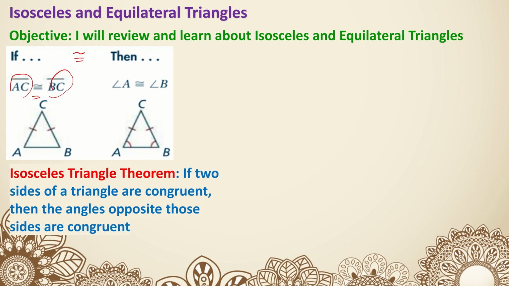So if AC and BC are congruent, then the angles opposite those sides are congruent. Opposite of AC is angle B, opposite of BC is angle A, so that's why we can conclude that angle A and angle B are congruent as well. So the isosceles triangle theorem in short is basically: if you know the sides are the same, you can conclude that the angles are the same.